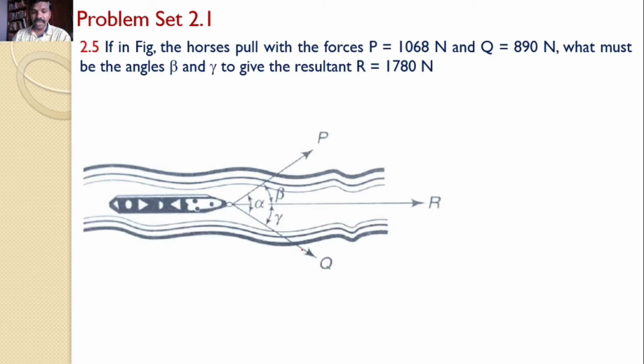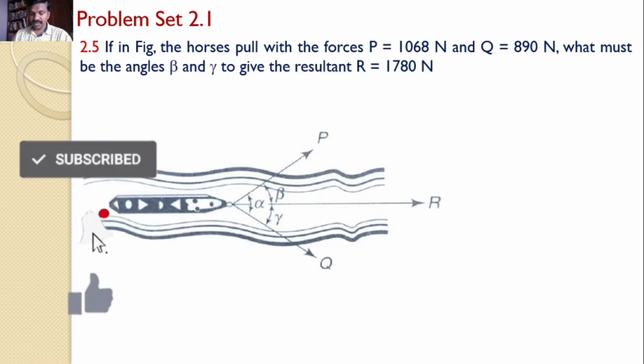Another horse is pulling along Q with a magnitude of 890 newtons. Now, our aim is to find with what angle these two horses must pull so that the resultant force is horizontal. Let us go to the solution.